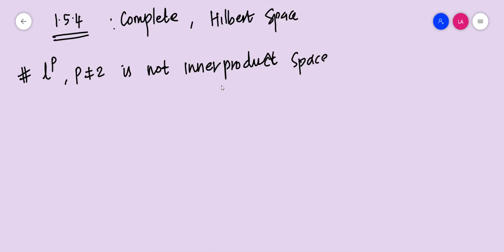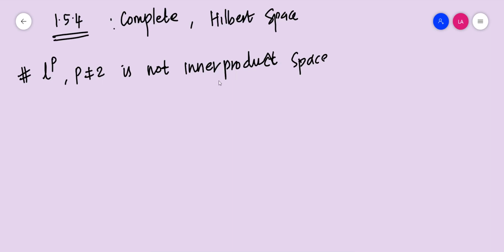Now, there may be norms for which the parallelogram equality is not satisfied, which means that such norms cannot be induced by an inner product. So there may exist normed spaces which are not inner product spaces. The classic example is LP when P is not equal to 2.